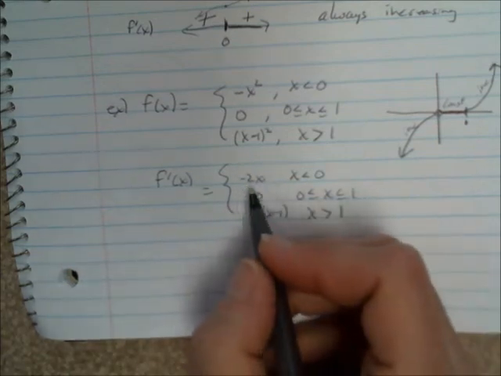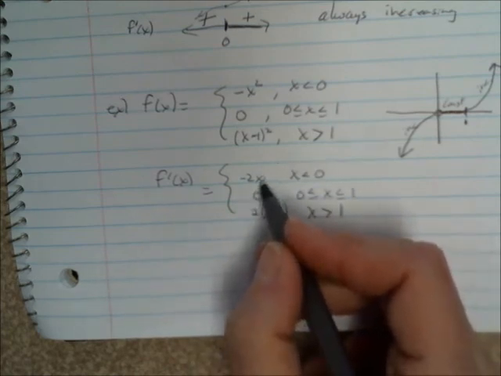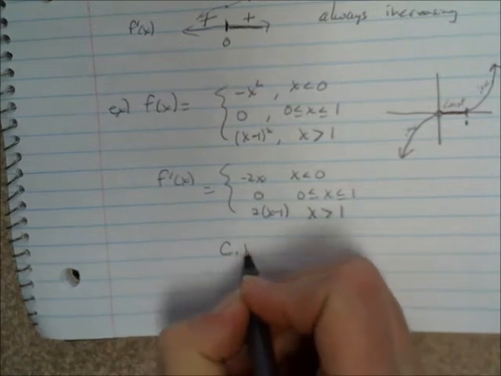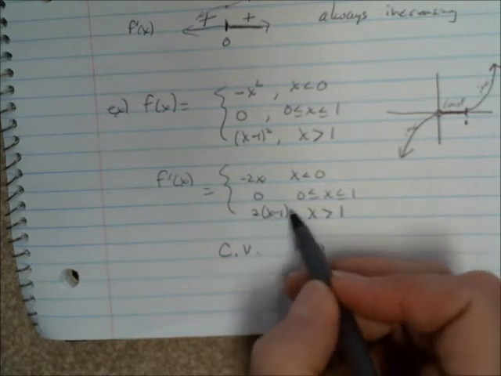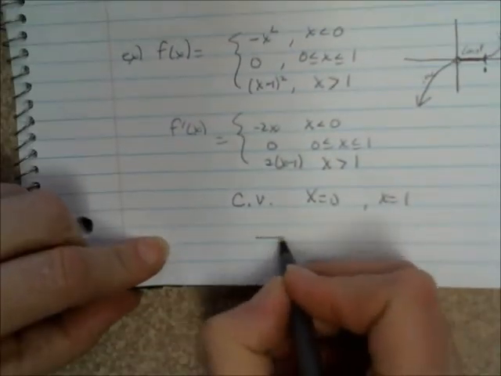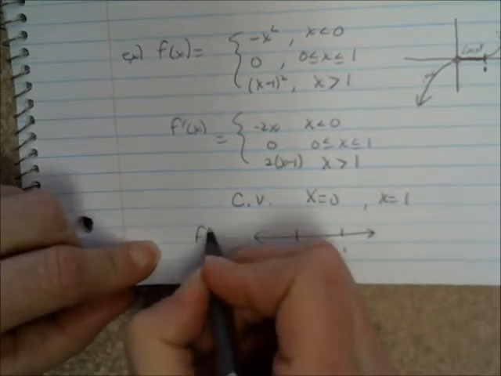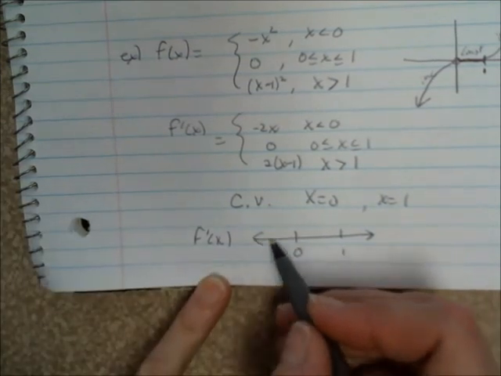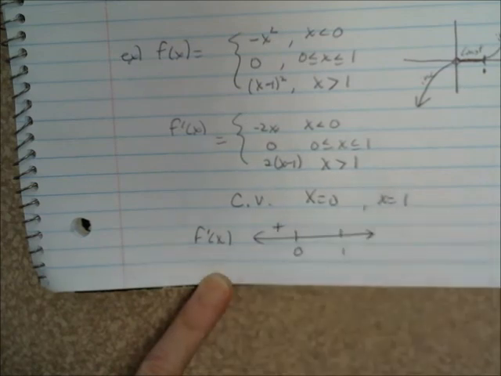If you set this derivative equal to 0, you'd see you'd have a critical value of x equals 0 and x equals 1. X equals 0 here, x equals 1 here. So if you wanted to set up a sign table, 0 and 1 for f prime of x, if you plugged in a negative number into this derivative, negative times negative would give you a positive.